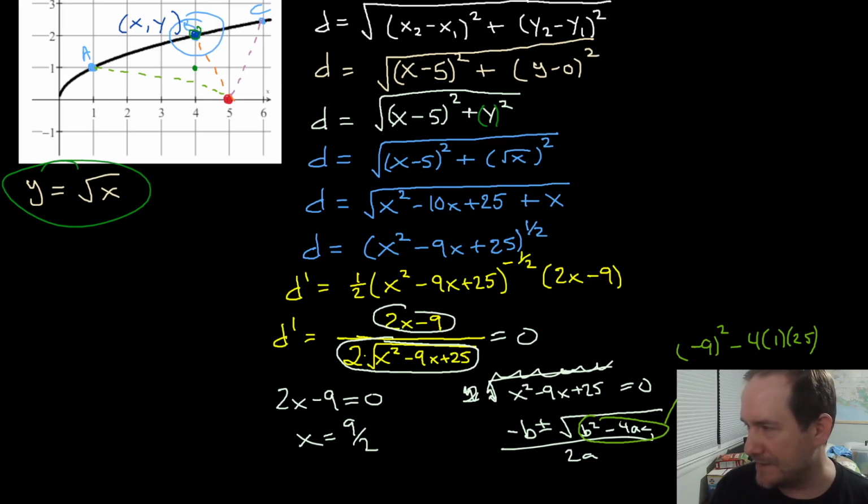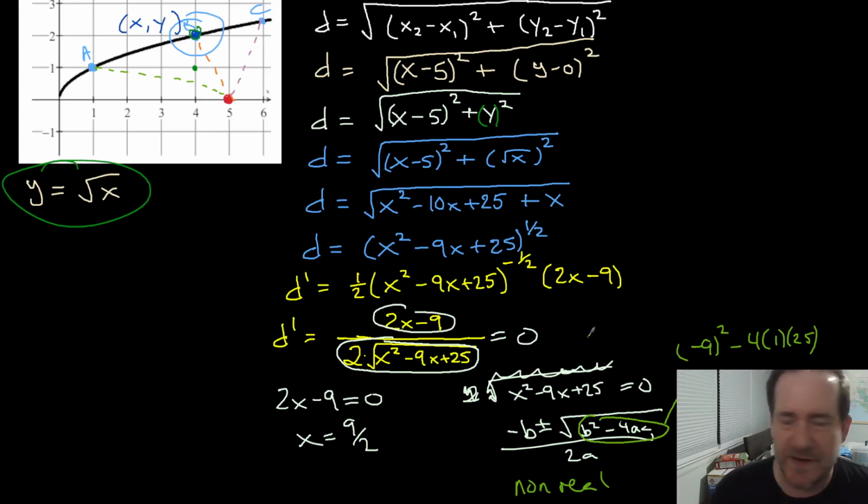That's negative 19. And I can't help but think that if I'm taking the square root of negative 19, then the only answers I'm getting are going to be non-real. So that's good work thinking about if our derivative would ever be undefined.